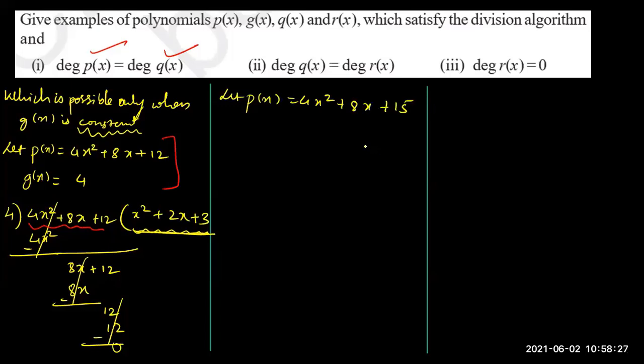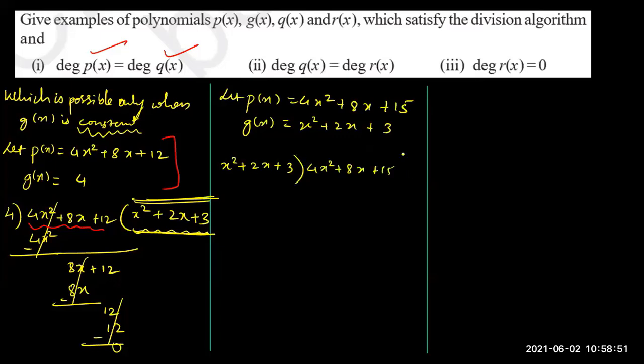Instead of 12, I am taking 15 because the remainder will remain. Then g of x I'll consider x square plus 2x plus 3. Then we'll do the division. It is 4x square plus 8x plus 15.